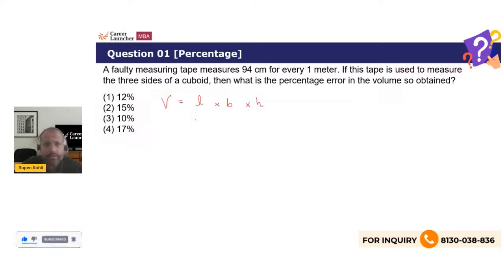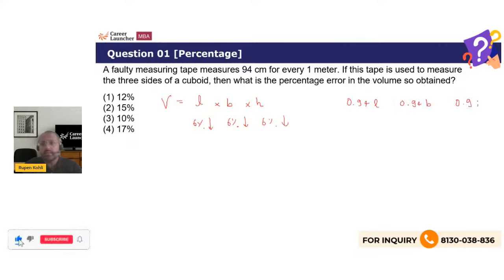So you're making a 6% error on length as well as on breadth as well as on height, on the negative side. It's a negative error. So the cumulative effect of that will come into picture. Let L, B, H denote the actual length, breadth, height. Then the actual value that you're measuring is 0.94 of length, 0.94 of breadth, 0.94 of height.